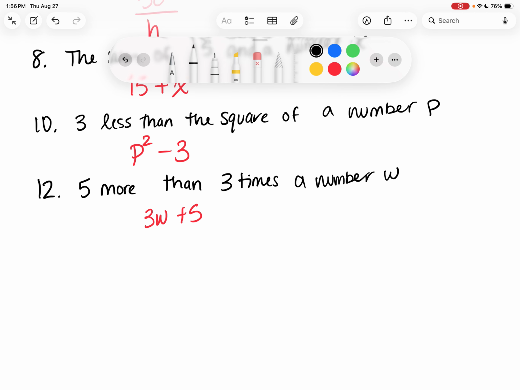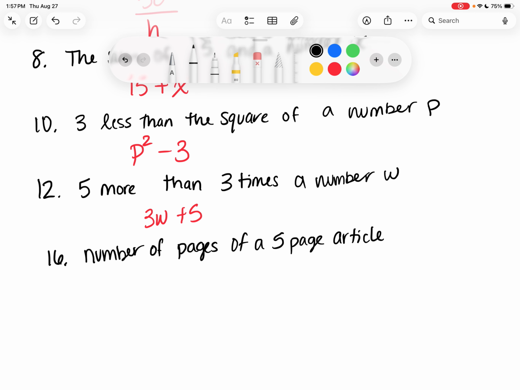Number 16, the number of pages of a 5-page article left to read, if you have read P pages.